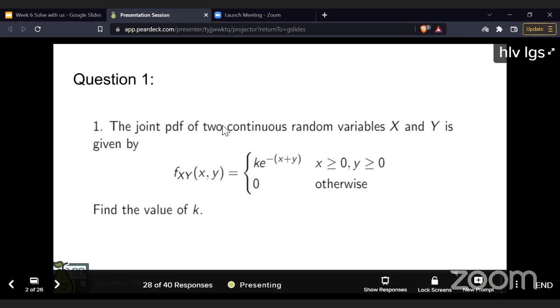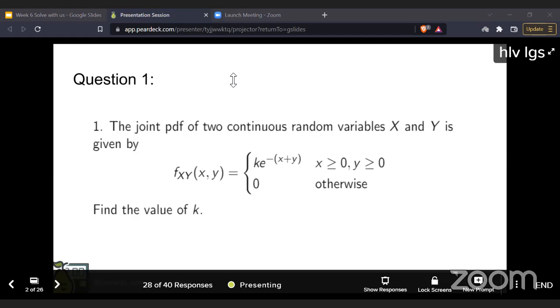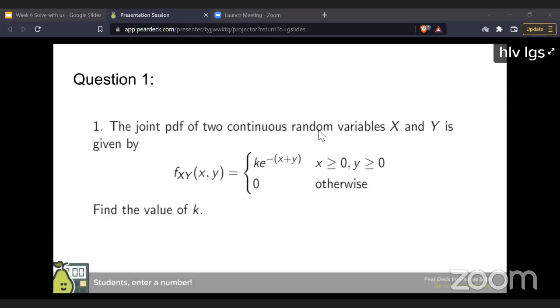Ma'am, can I? Yes, Manan. So, ma'am, first fxy is given. So first we integrate x from 0 to infinity, then y from 0 to infinity, fxy dy dx, equals 1. First I integrated fxy with respect to y.